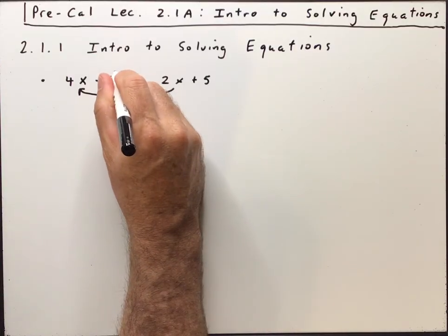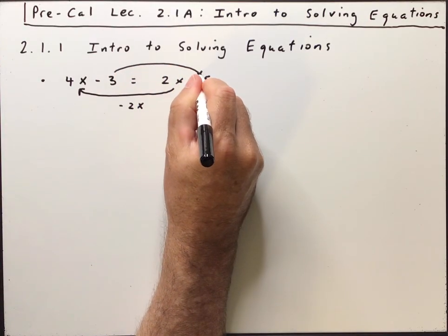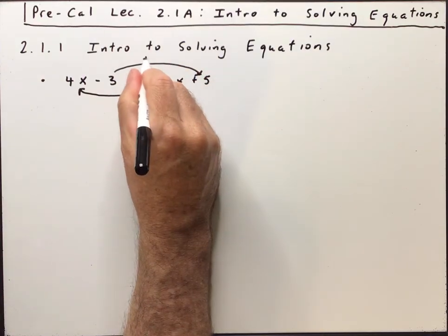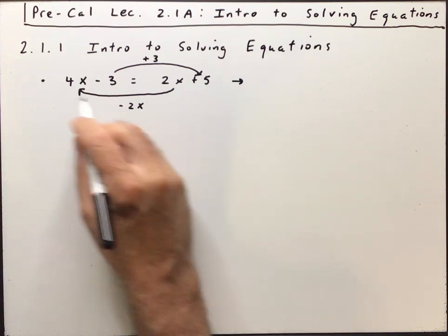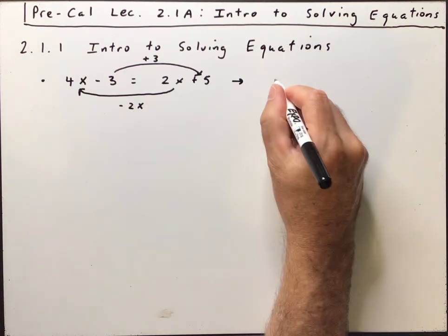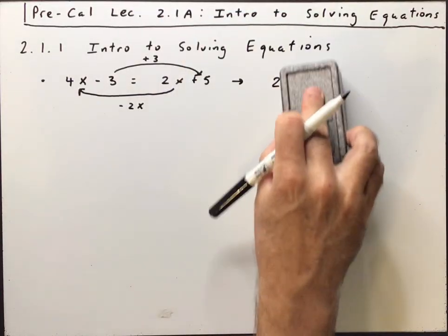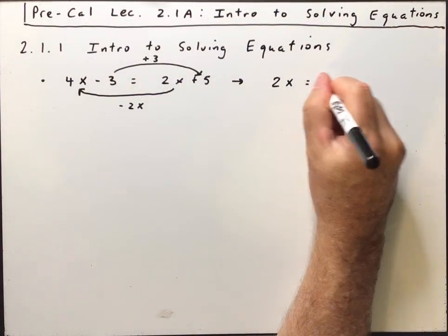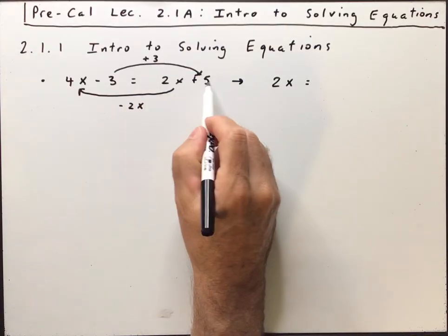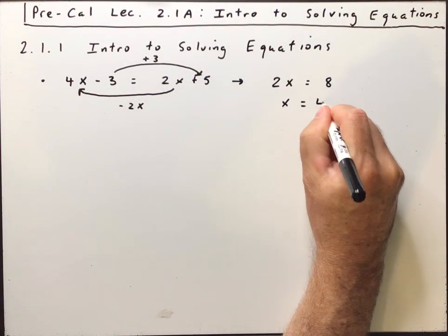And if we move a negative 3 from the left to the right, we just have to change the sign. We add 3. And then 4x minus 2x would be 2x is equal to plus 3 plus 5, 2x is equal to 8, so x is equal to 4.